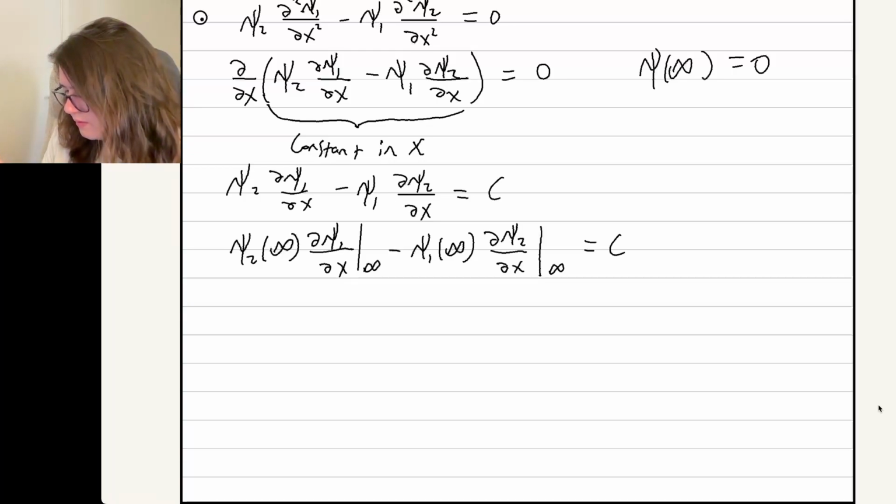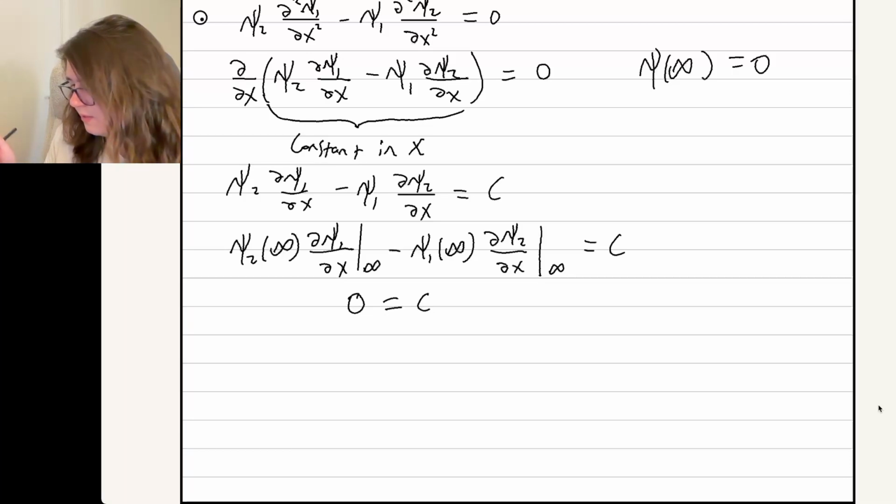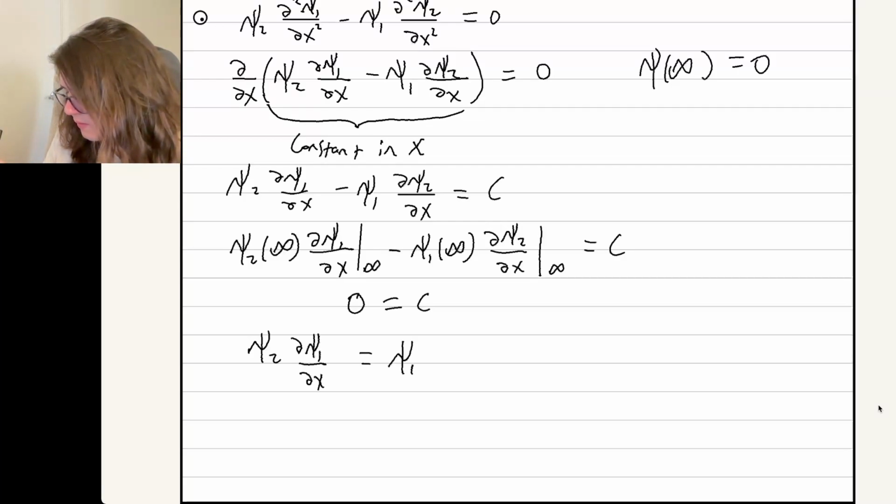So we have 0 on the left-hand side equals c. So that's interesting. The constant is 0, which means we can rewrite this equation now as psi2 dpsi1/dx equals psi1 dpsi2/dx.